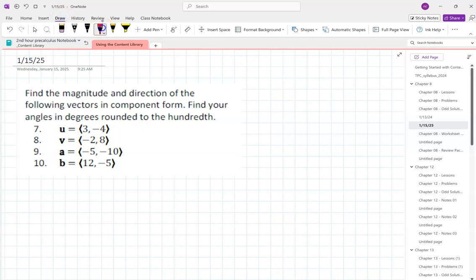All right, so Lucy asked about how we find direction for a vector. I'm just going to use one of these problems from the homework as an example. Let's say number 8. The first thing I'm going to do is graph my vector. So I'm going to find the point (-2, 8), something like that. And it always starts at the origin when we're in component form, right? So the direction I'm looking for is this angle.